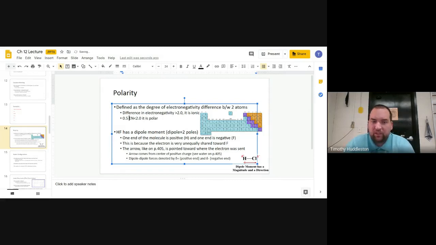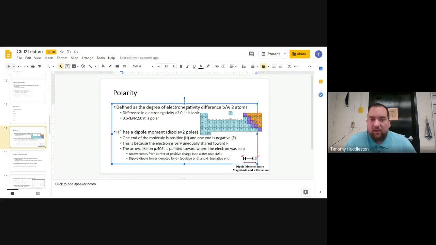I'll leave it there because I don't want people to mess up what their book says. If the difference in electronegativity is greater than 2, it's ionic. If it's between 0.5 and 2.0, it's polar. If it's lower than 0.5, it's nonpolar.